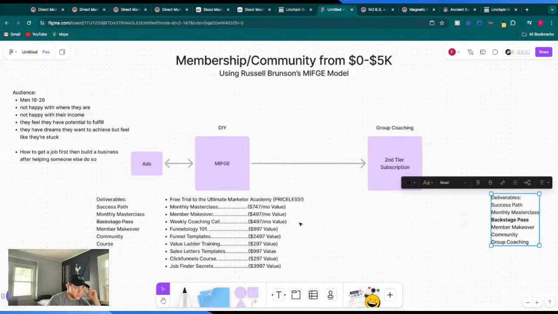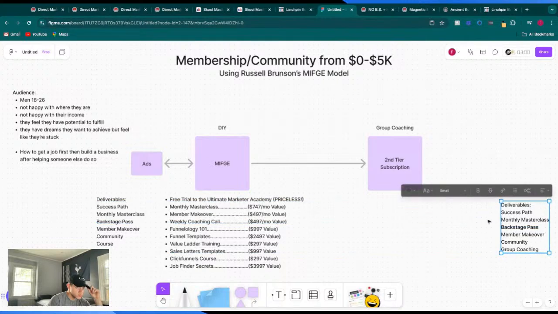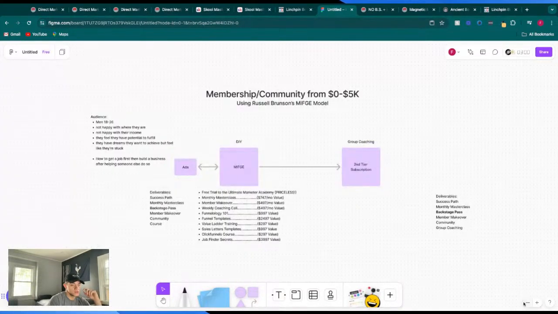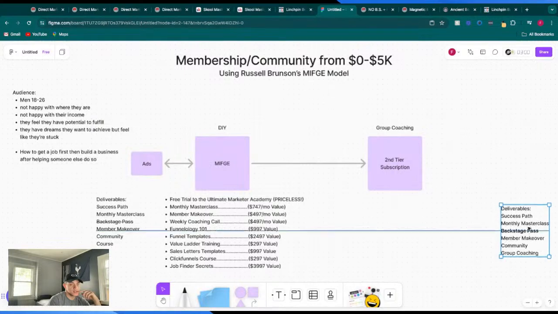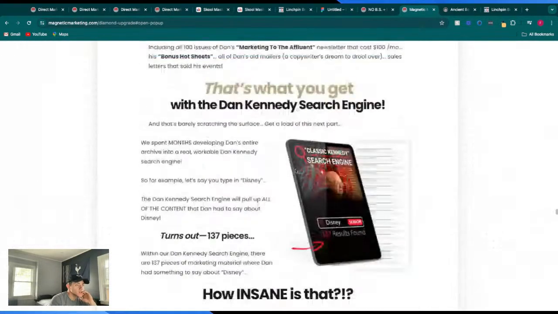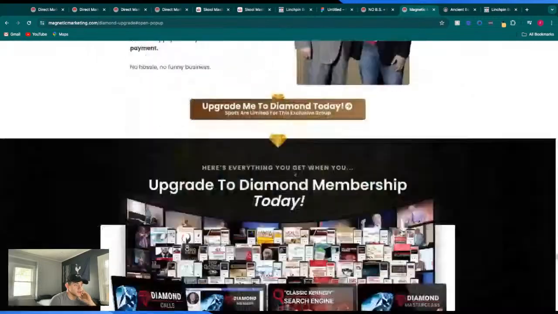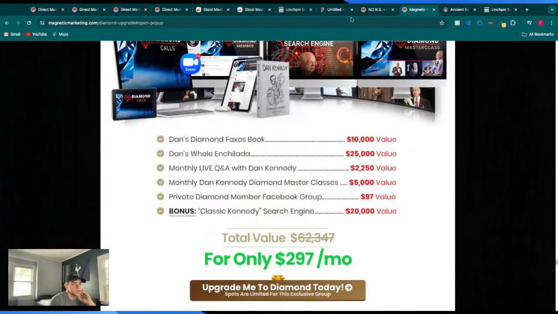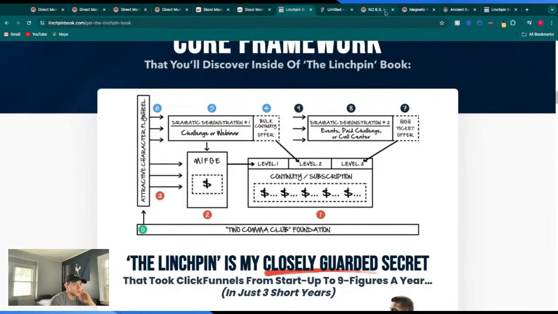So now let's get to the, too zoomed out. Let's get to this. So let's see, how does Dan Kennedy do that? I believe it's a much smaller offer stack. Yeah, boom. Okay.